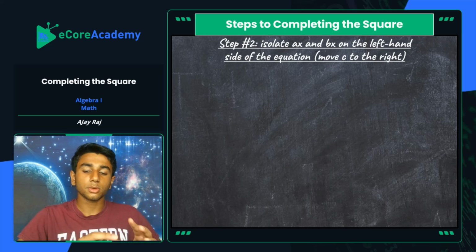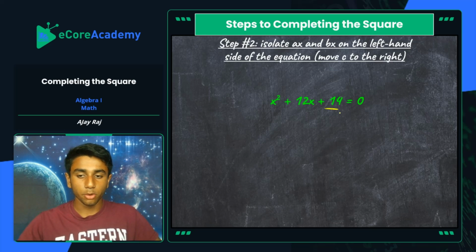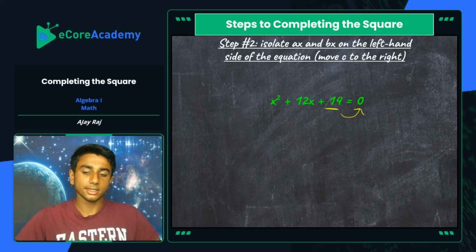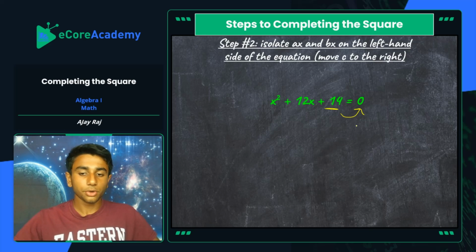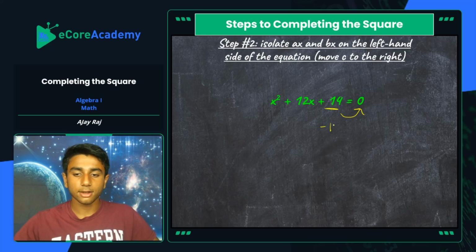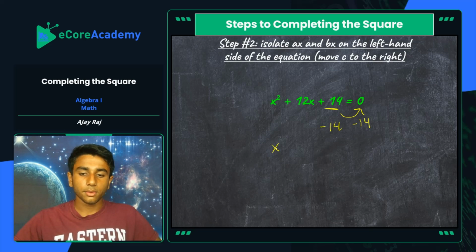All we're doing is taking the c term, the constant 14, and moving it to the right-hand side so that the ax squared, essentially 1x squared, and the bx, 12x, are isolated on the left-hand side. Everything that has x in it is going to be on the left-hand side. In order to do that, we're going to subtract 14 from both sides using the inverse property, and we're left with x squared plus 12x equals negative 14. So we moved c to the right.